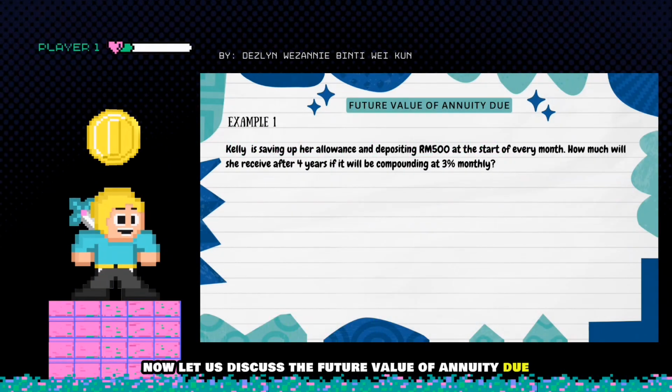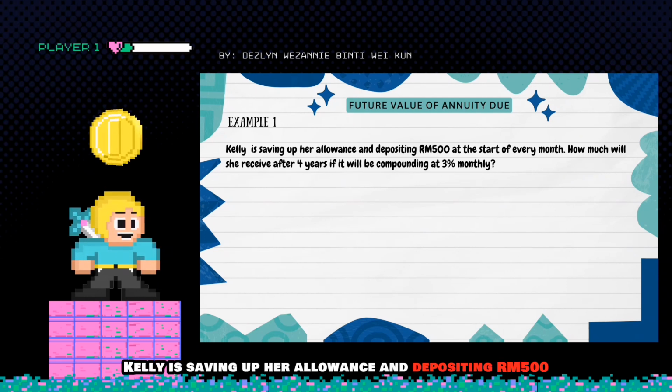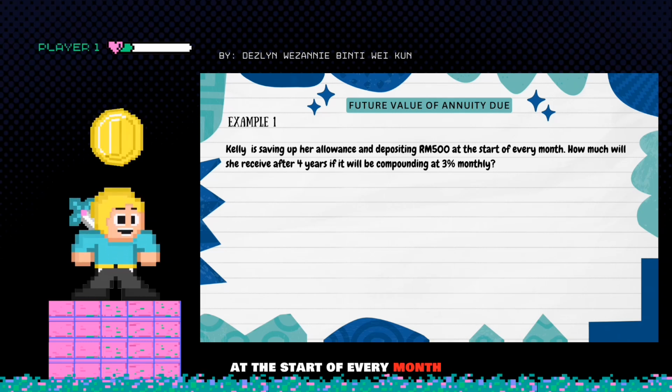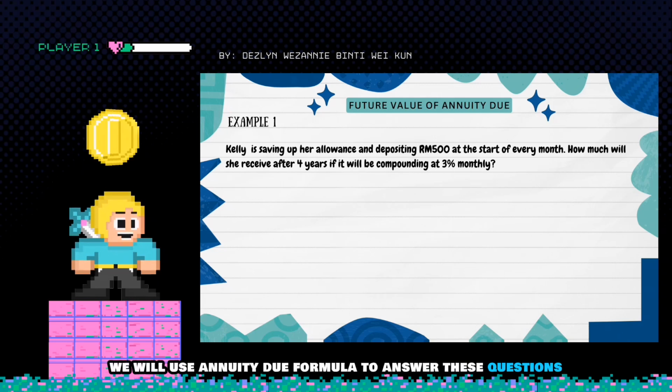Now, let us discuss the future value of annuity due. So, here is example 1 that we will go through. Kelly is saving up her allowance and depositing 500 ringgit at the start of every month. How much will she receive after 4 years if it is compounded at 3% monthly? Before we go further, how do we know that we will use the annuity due formula to answer this question?